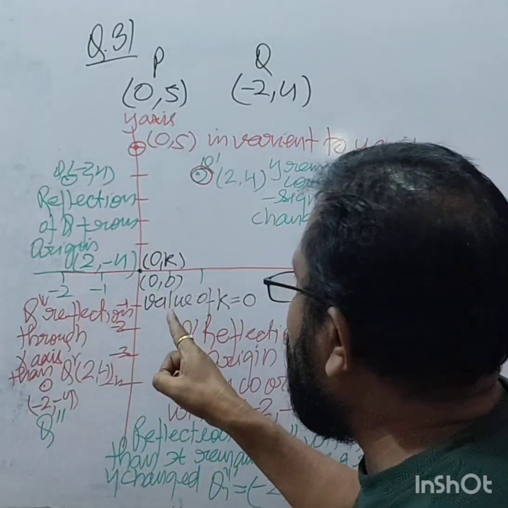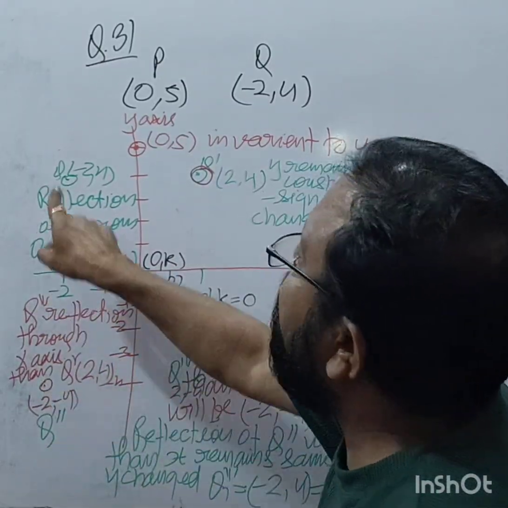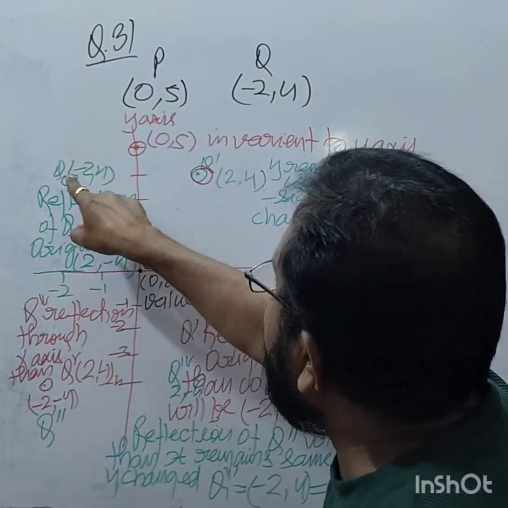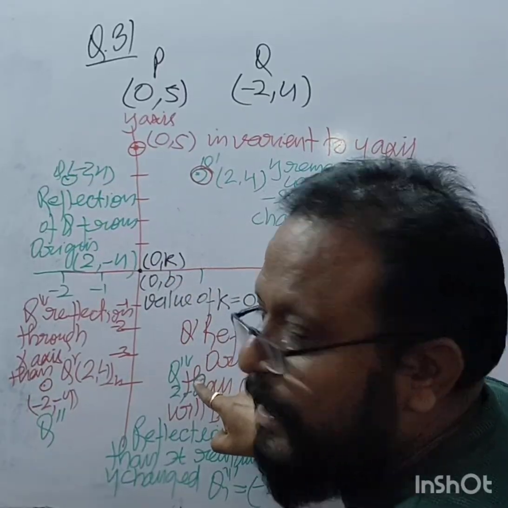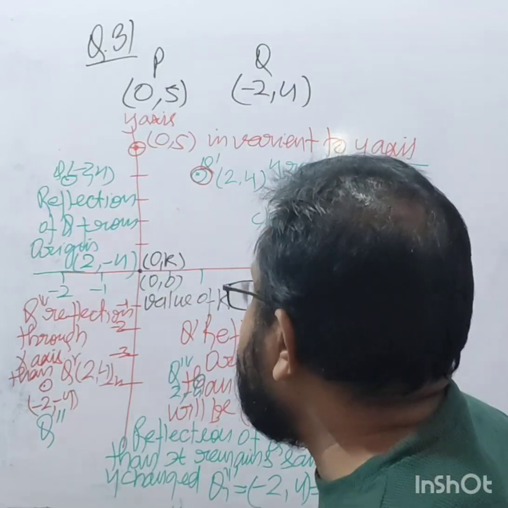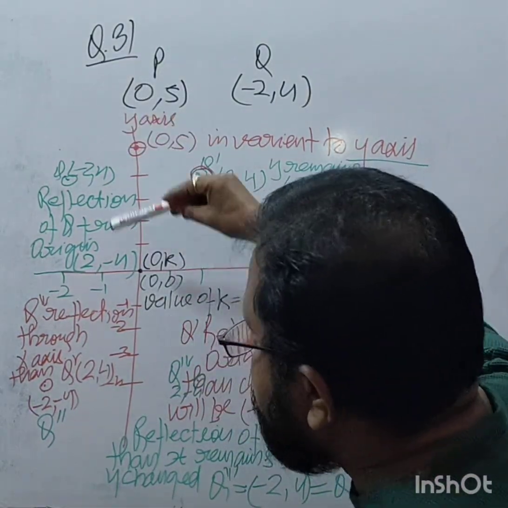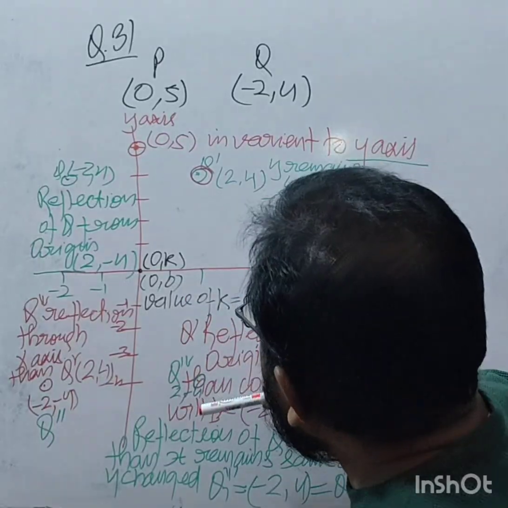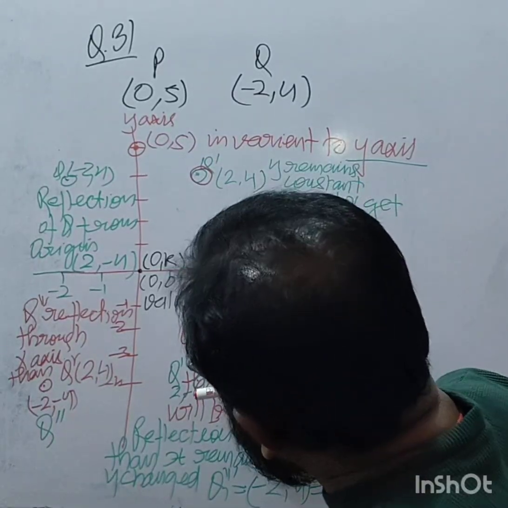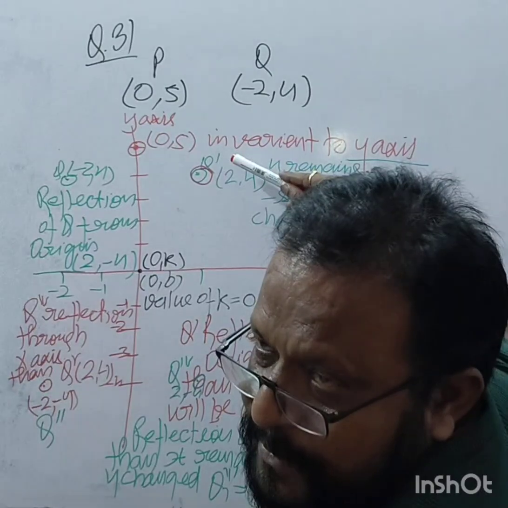I did it both ways. I did from there, and then you come to there, and if you are coming to here, then you come to there. When reflection through the origin, both the signs change. And when reflection through the x-axis, x is constant and the sign of y gets changed.